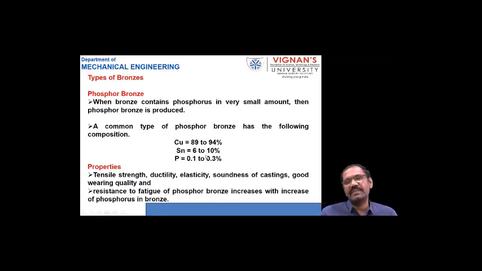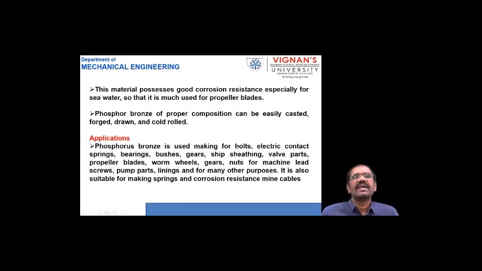We should not go beyond 0.3%. This material possesses good corrosion resistance, especially for seawater, so it is much used for propeller blades. This phosphor bronze of proper composition can easily be cast, forged, drawn, and cold rolled.